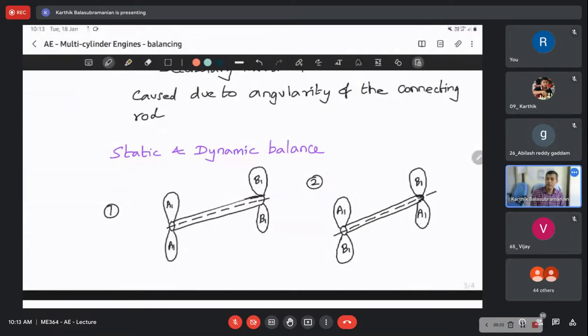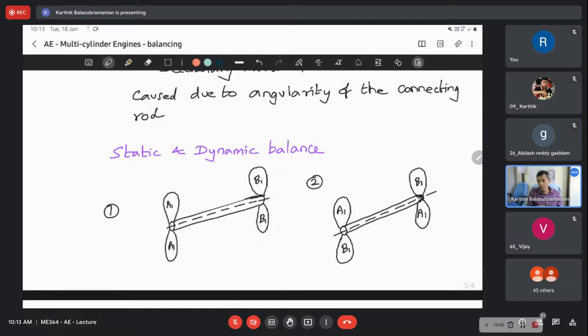Yes, there's no dynamic balance, because though the counterweights are opposite to each other, they are not in the same location of the axis of the shaft, right? Though the counterweights are opposite to each other, they have static balance. 1 and 2 both have static balance. But 1 has dynamic balance also, but 2 doesn't have dynamic balance. Because the counterweights are not on the same location of the axis, they are separated from each other. So still there will be dynamic imbalance.